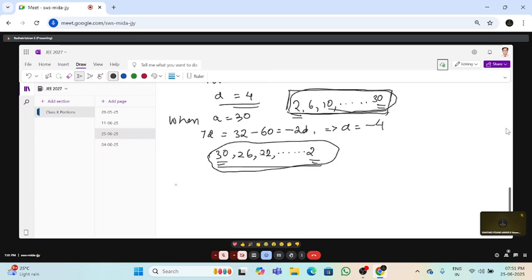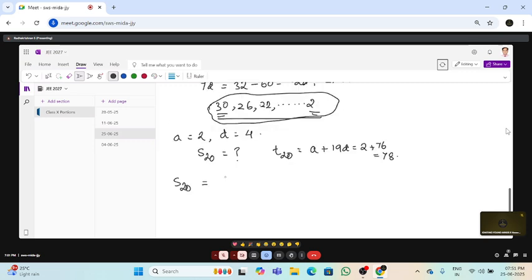Now what is S20? Sum to 20 terms. You determine the sum to 20 terms by determining the 20th term first. So T20 will be A plus 19D, which is 2 plus 19 into 4, 78. Once you know A and T20, S20 can be easily determined as N into, N is 20, right?